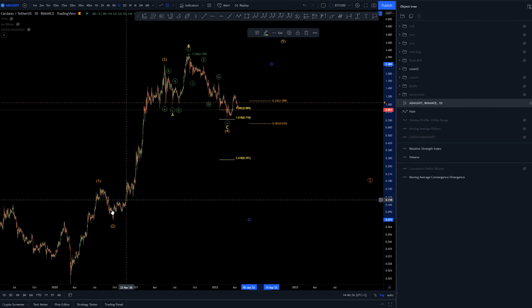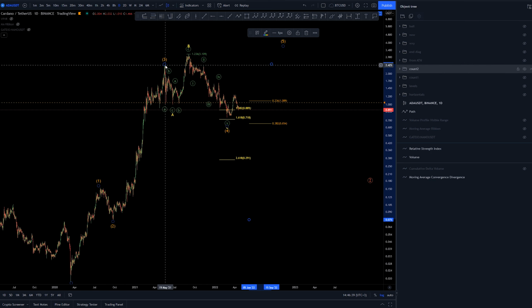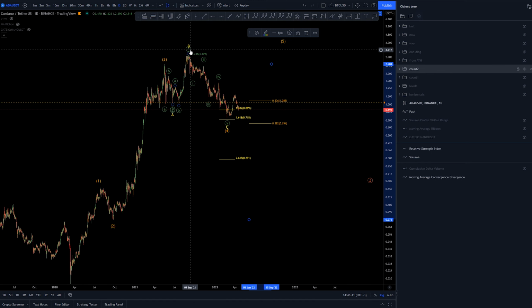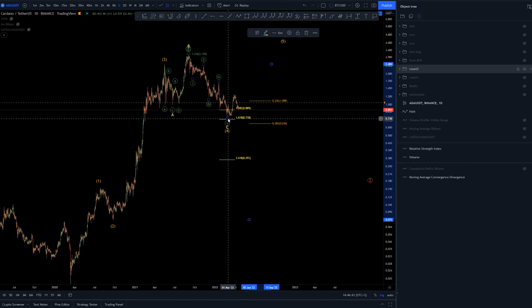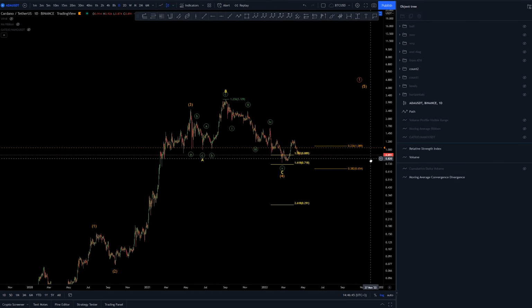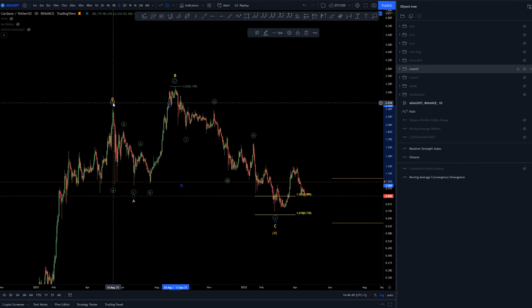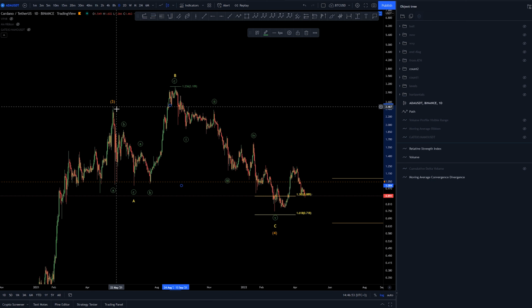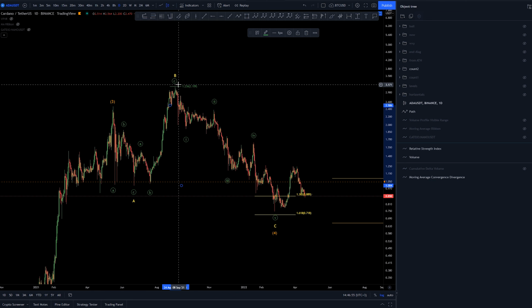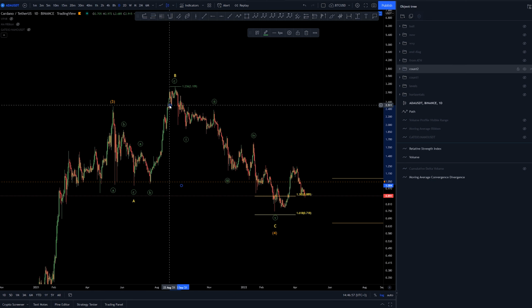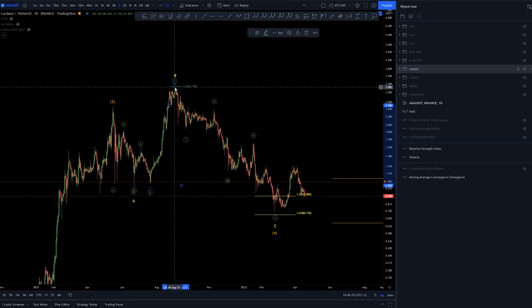So this is measured from the start of 3 to the end of 3, and we're getting an expanded flat into here. Now the expanded flat, again, hits very well here and is measured from the start of this A move to A, and the result here is the B.